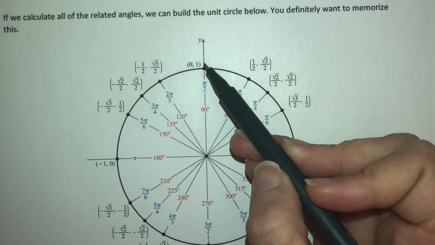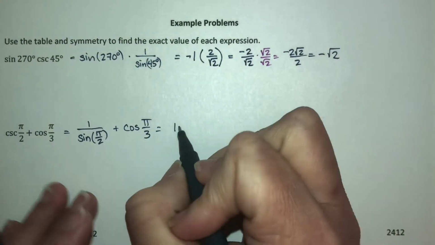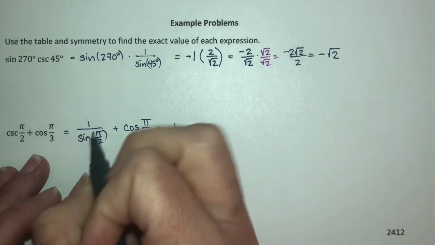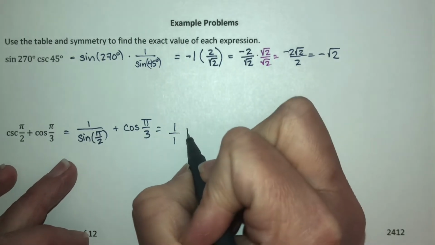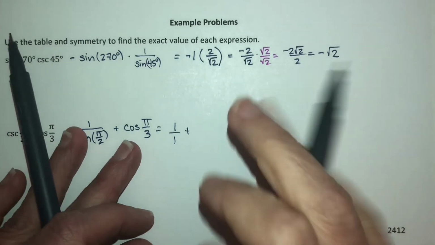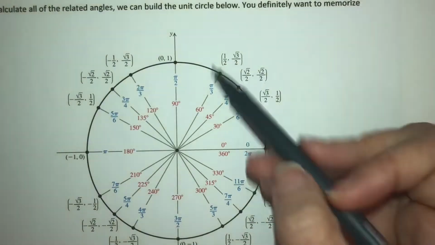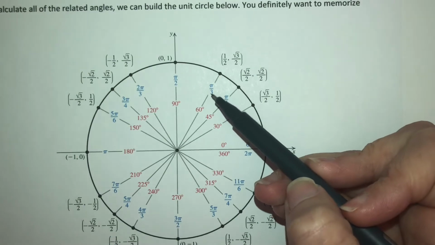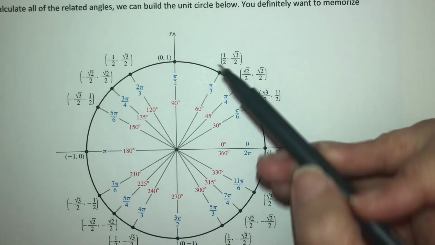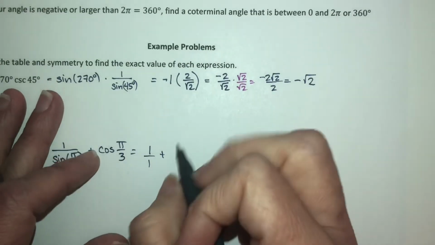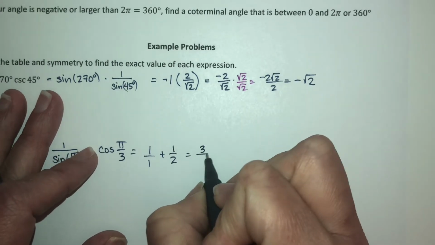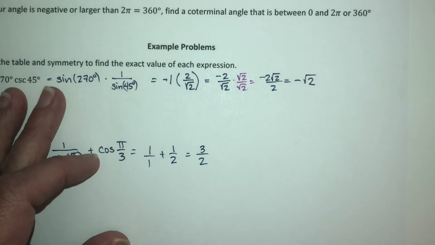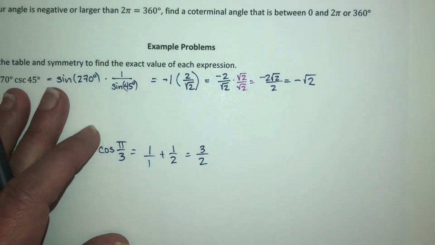Your sine value is 1. So I have 1 over 1, which is just 1, plus cosine of pi over 3. Here's pi over 3. Cosine value is your x, which is 1/2. So I have 1 plus 1/2, which is 3/2. And that's the answer they're looking for.